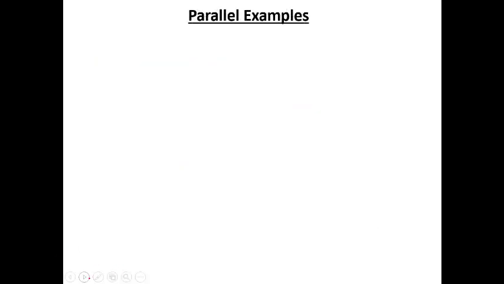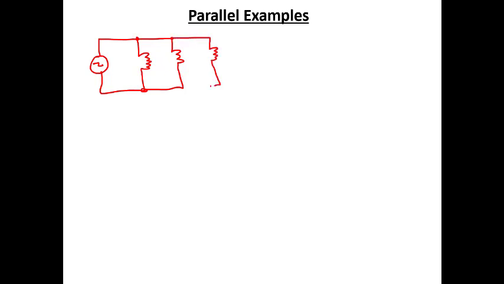All right, so let's go next to a parallel example. So here is our parallel circuit. We have some inductors, and I'll just do 3 inductors again, just like we did for the other example. This is going to be L1, L2, L3, V total.